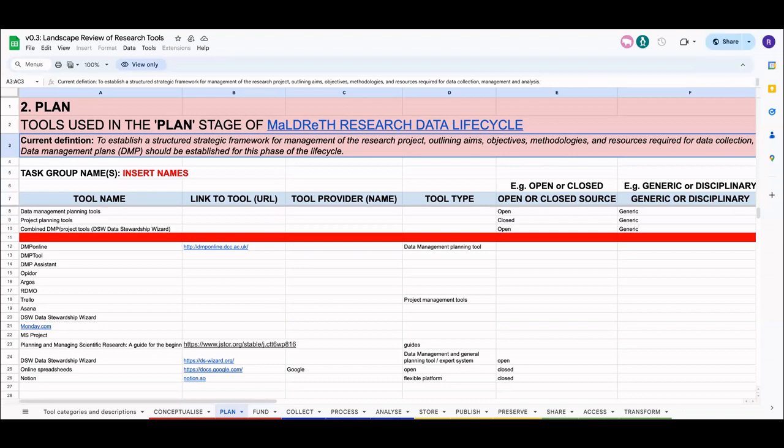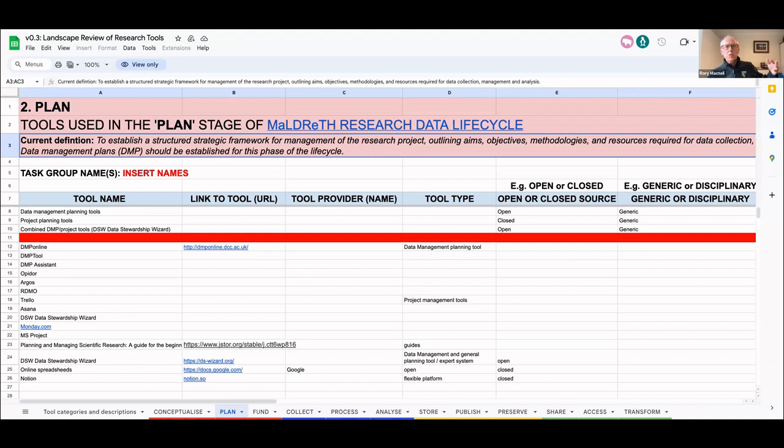Yep, got it. All right, so this is just an example of one of the stages. It's the plan stage. What we did, through a collective exercise which we worked on in a number of online sessions, and I know Andrea and possibly others here today were also involved in the large in-person session we had at Salzburg, was start out by setting up different groups.